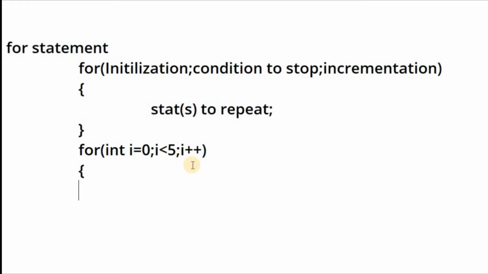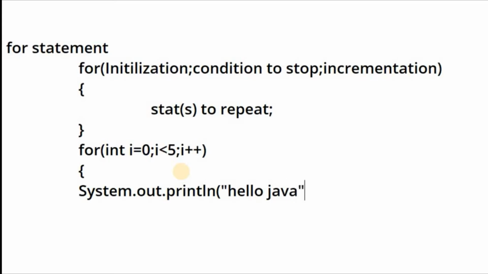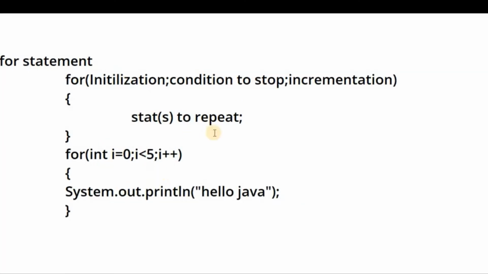So then it continues with the statement. Maybe there is a statement System.out.println hello Java, then end of curly. So I is equal to 0, it takes hello Java.